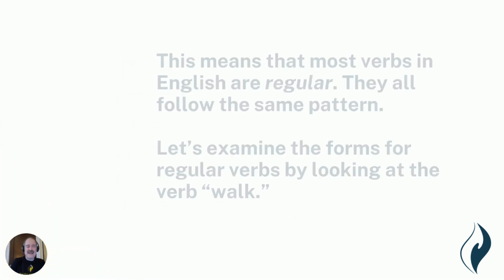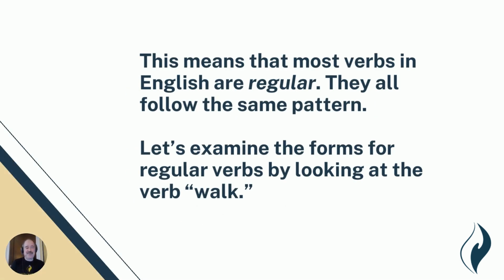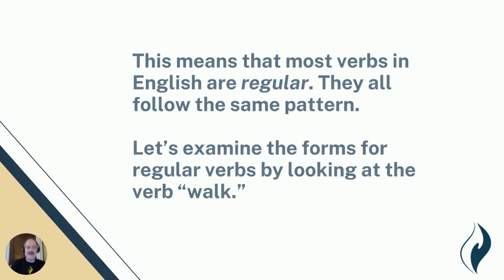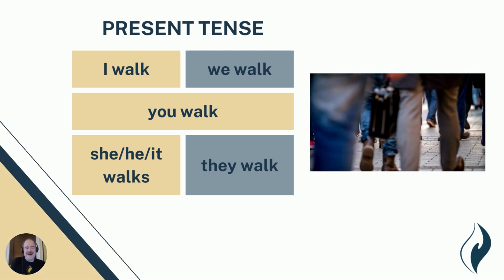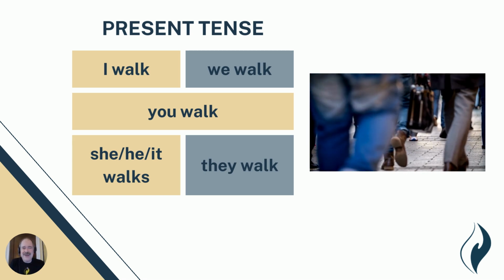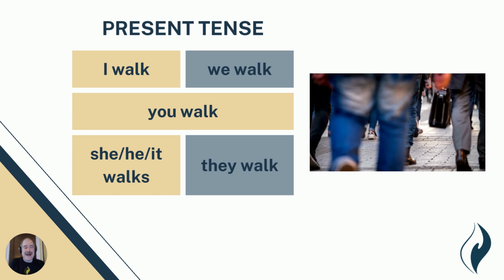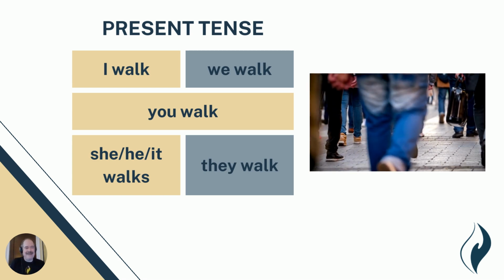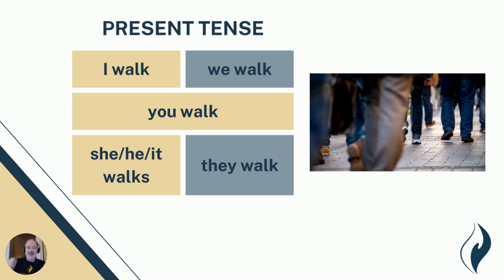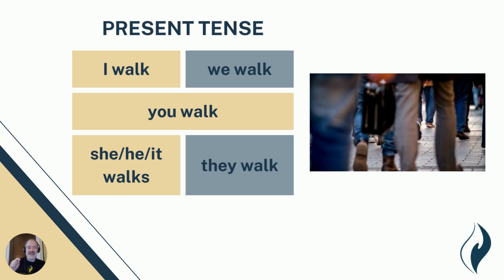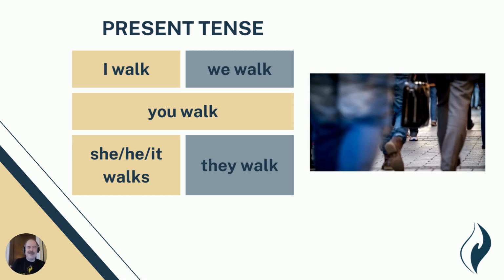So to jump back to regular verbs, meaning they all follow the same pattern, we'll take a look at that pattern of regular verbs with the verb walk. Now, no matter how or where you studied English, you have probably seen a chart that looks vaguely like this. Our present tense: I walk, we walk, you walk, she, he, it walks, they walk.